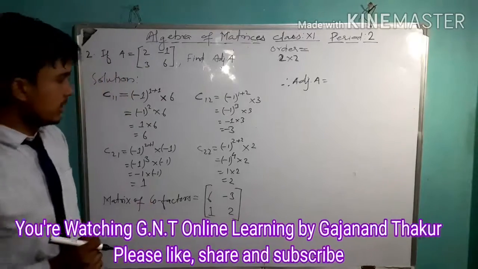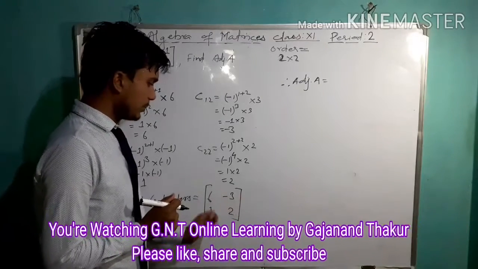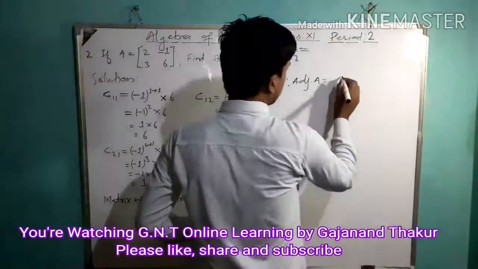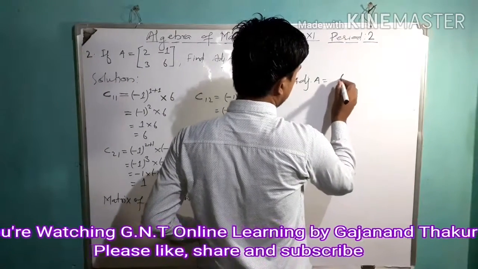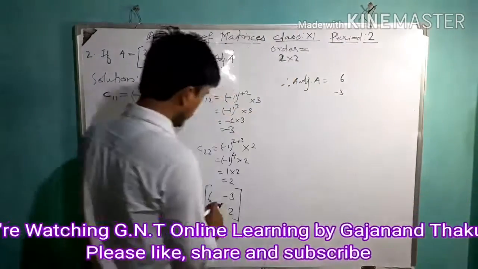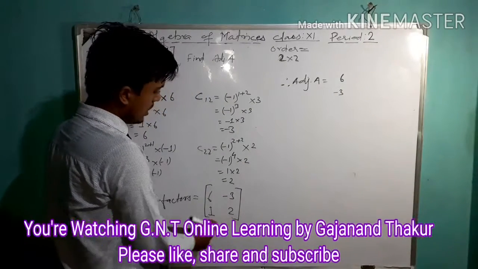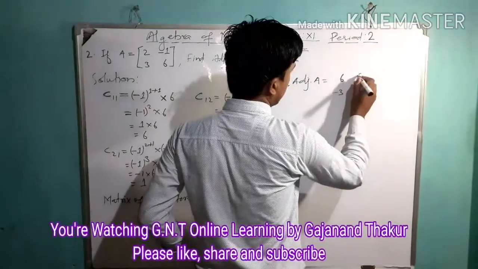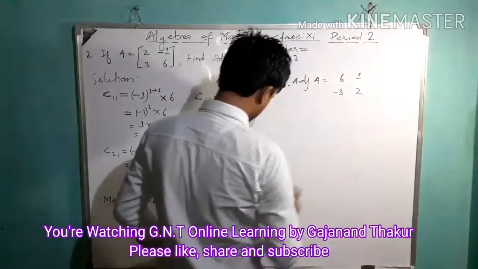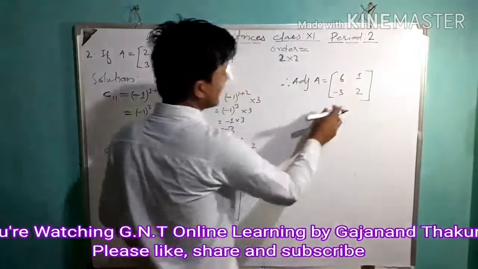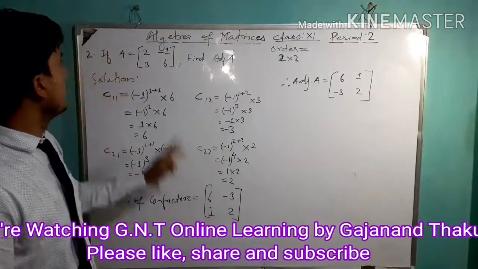When we do the transpose, rows become columns and columns become rows. The first row, 6 and minus 3, becomes the first column. The second row, 1 and 2, becomes the second column. So this is called the adjoint of A.